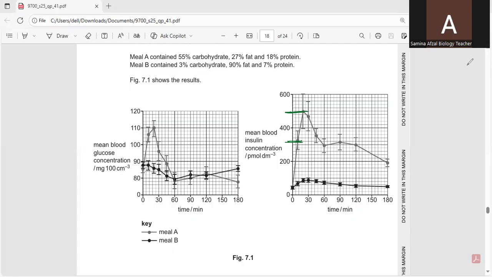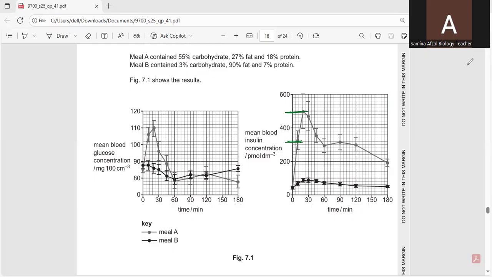Due to this increased glucose use in cellular respiration, this action of insulin caused the blood glucose concentration to fall, from 500 to less than 300 again.